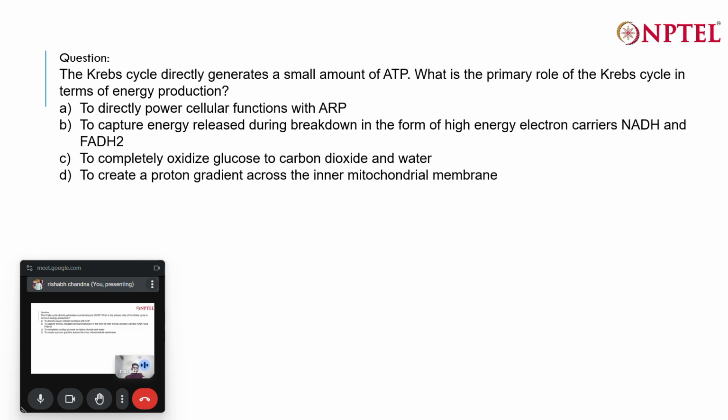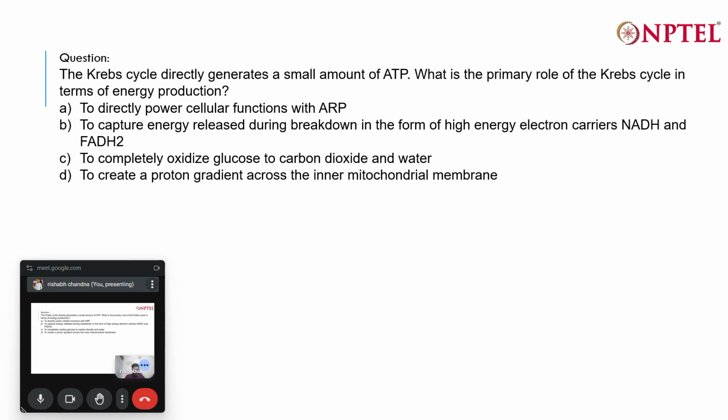Okay, so let's move on to the next question. The Krebs cycle directly generates a small amount of ATP. What is the primary role of the Krebs cycle in terms of energy production? To directly power cellular functions with ATP; to capture energy released during breakdown in the form of high energy electron carriers NADH and FADH2; to completely oxidize glucose to carbon dioxide and water; to create a proton gradient across the inner mitochondrial membrane.